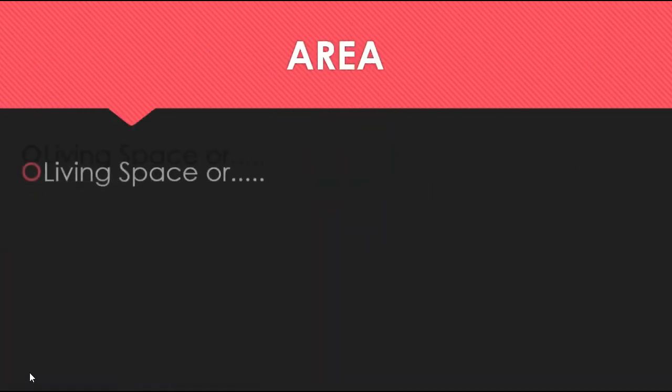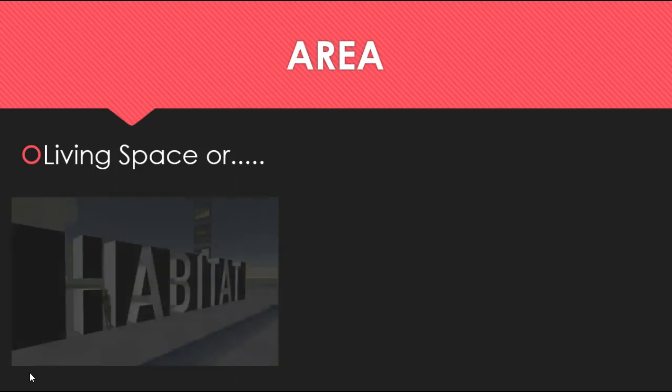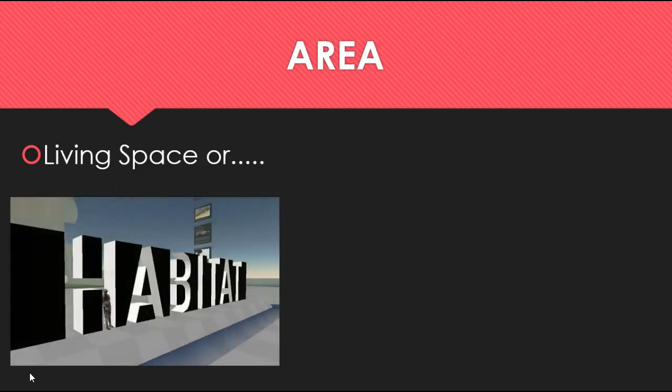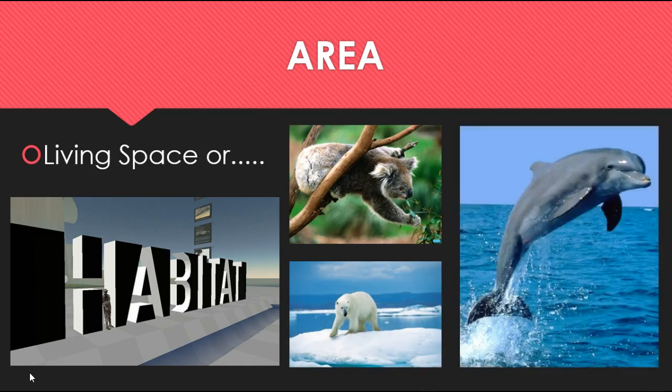And area is referring to an organism's or species' living space or habitat. And here we have 3 examples of habitats.